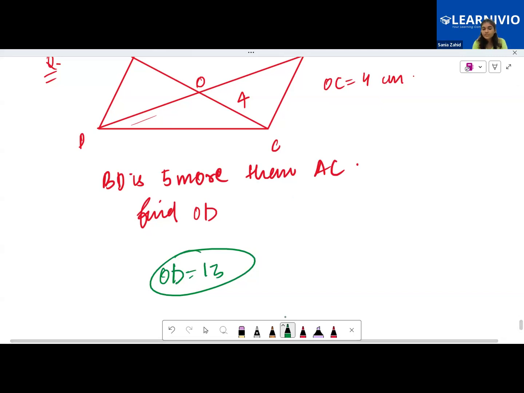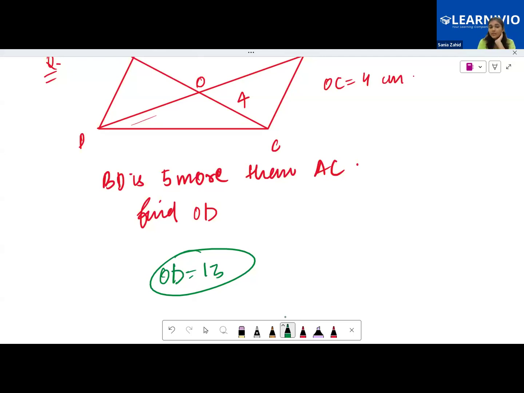Recheck your answer. Ma'am, BD is equal to 13 centimeters. Yeah, BD is equal to 13.